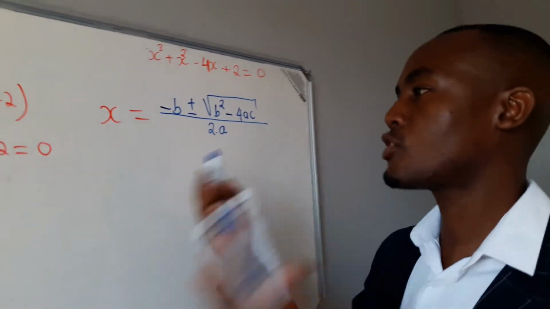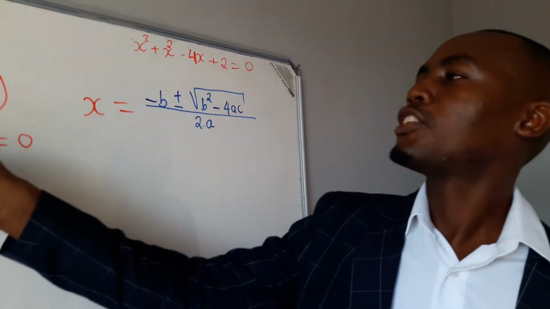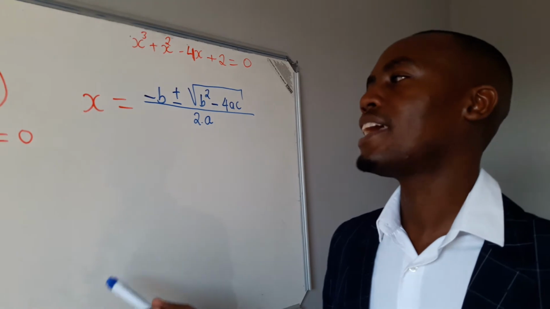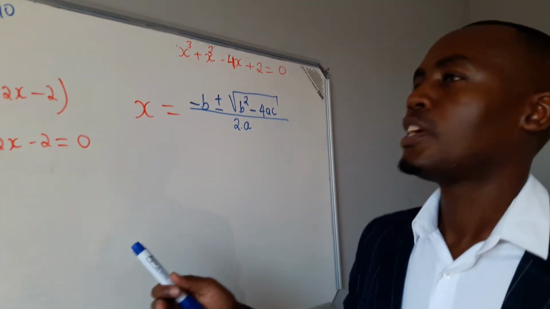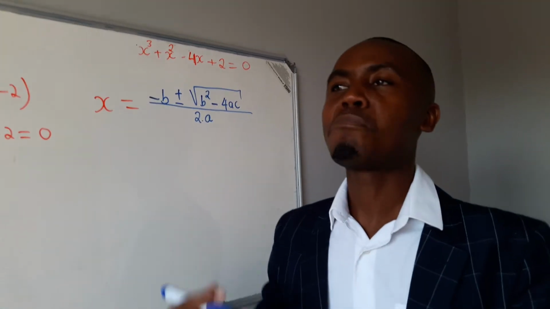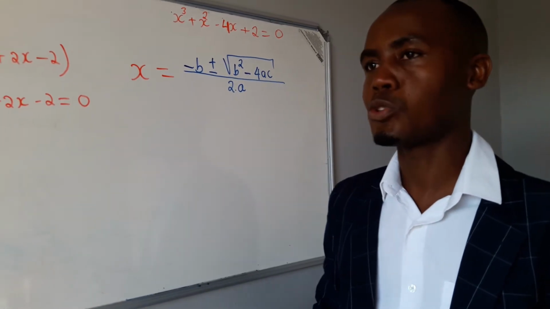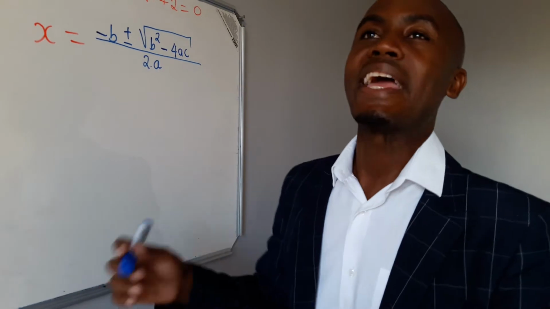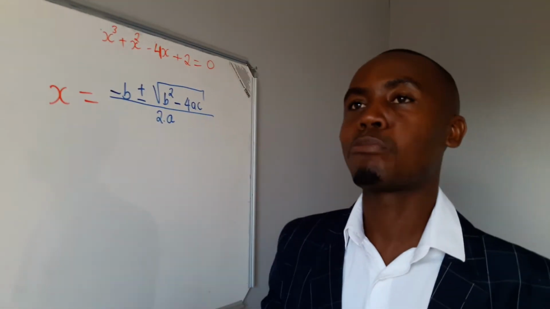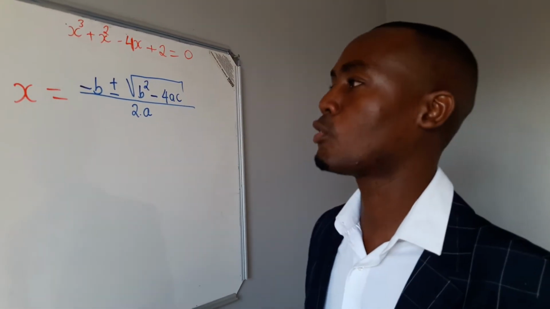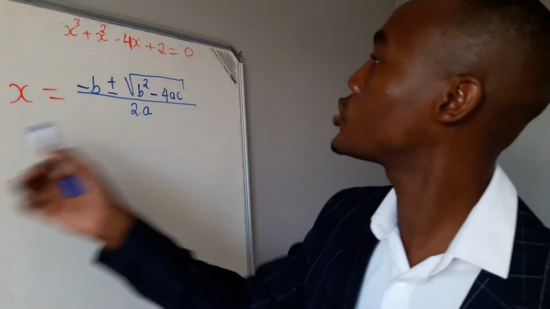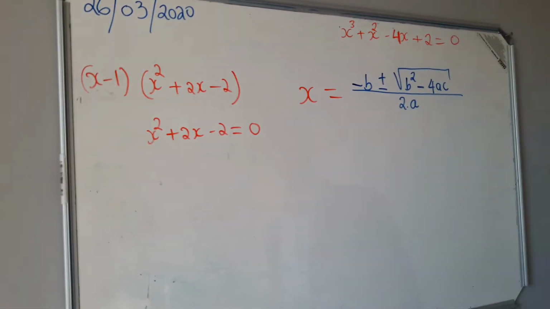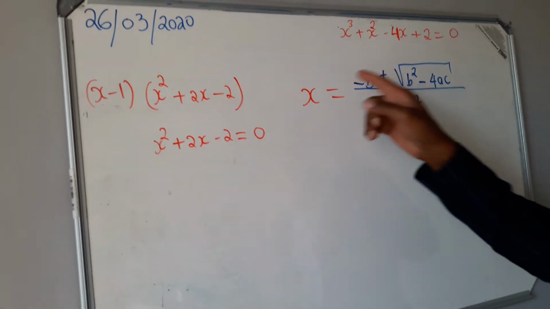The whole point is factorizing, and because now the terms are not so friendly for factorizing, we can use, as I said earlier, in math you simplify your problems to the lowest terms possible, and that can be done by any means that is applicable, for as long as it's a mathematical way of doing it. So we're going to use the quadratic formula in this case, because it's going to make our work a lot easier.